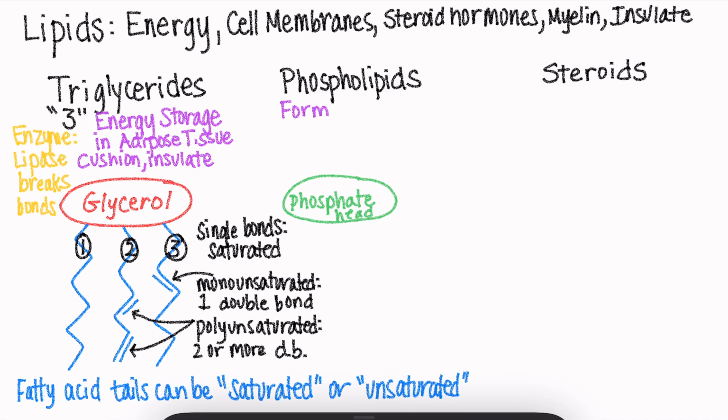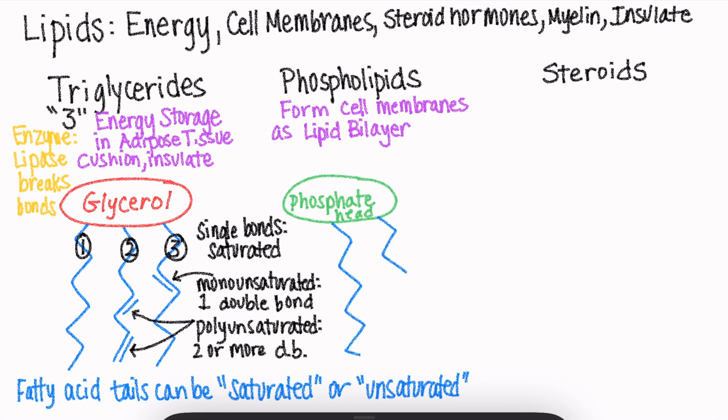So they form cell membranes and they form what's called a lipid bilayer. They also have fatty acid tails, but instead of having three, they only have 2. So 1, 2. And like the triglycerides, the fatty acids may or may not have double bonds in them. There's a lot of different kinds.